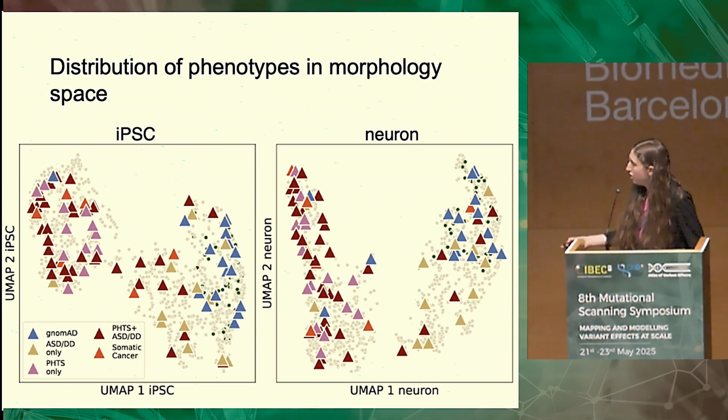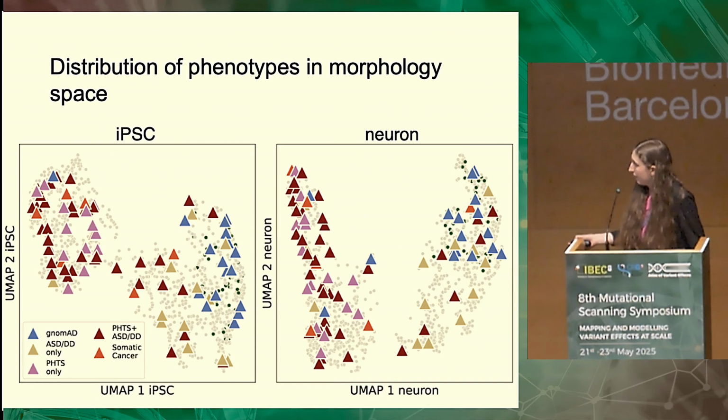Blue shows gnomAD variants that aren't in ClinVar, so are likely to be associated with benign variants, and then ASD or developmental delay variants are shown in beige, a combination of PHTS and ASD variants in this darker red, somatic cancer in this lighter red, and then PHTS in this pink.